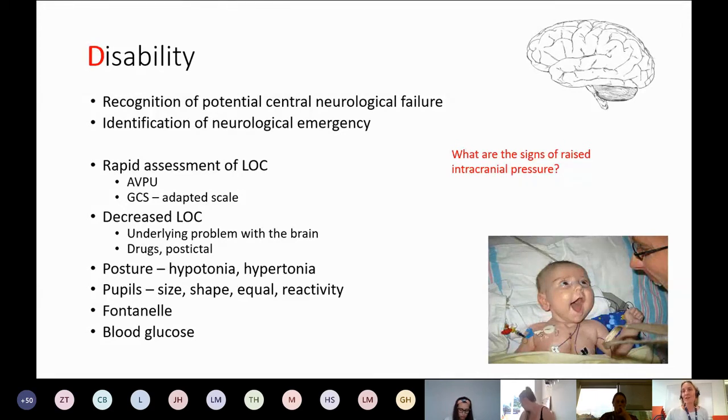So do we have any suggestions from the chat about raised intracranial pressure? Yeah, we had a lot of suggestions and they all came up very quickly. So this has obviously got a lot of people going.